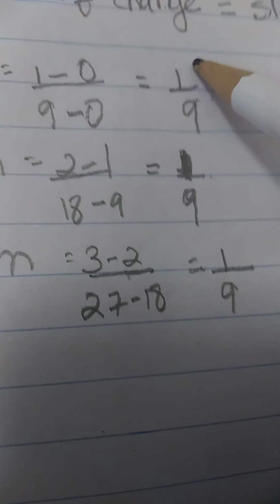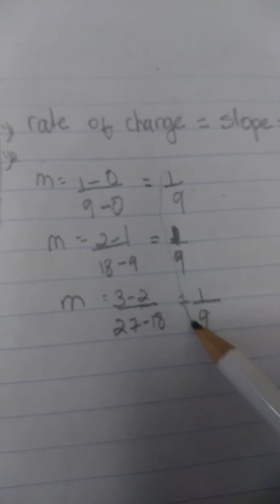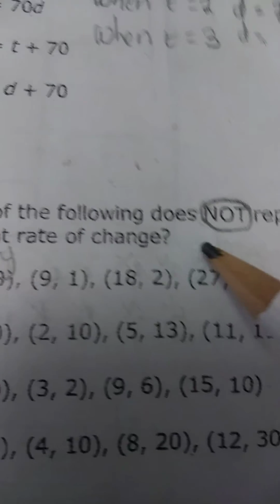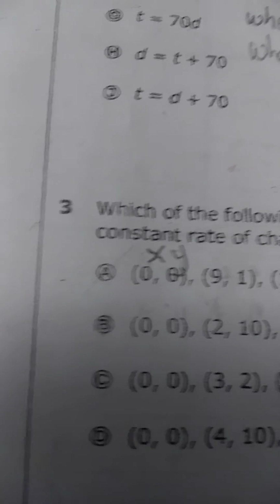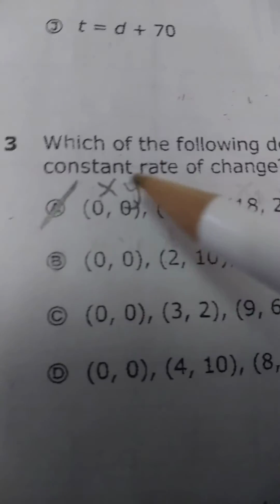And 3 minus 2 is 1. 27 minus 18 is 9. So it's the same constant rate of change throughout, okay? So it's 1/9. However, this represents a constant rate of change of 1/9. But the question is asking which does not represent a constant rate of change. So our answer is not A, because A represents a constant rate of change.